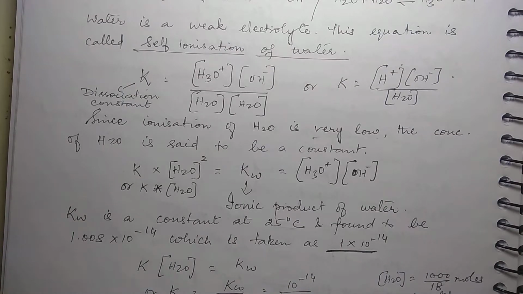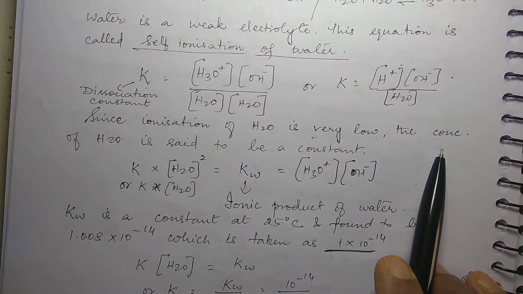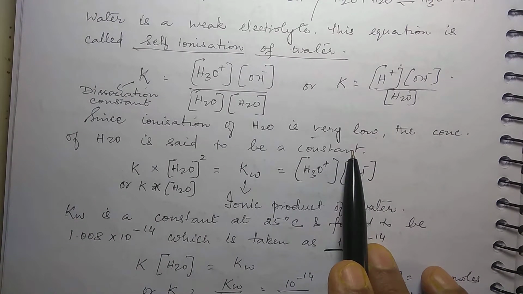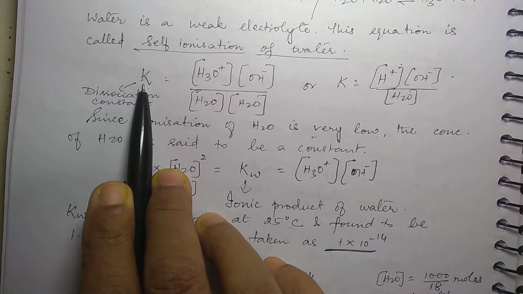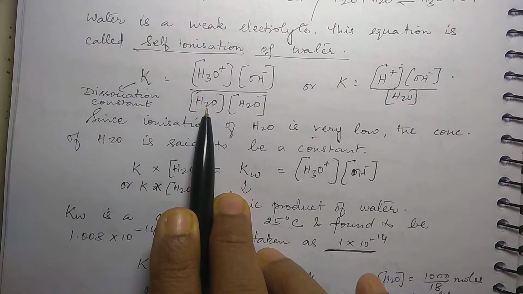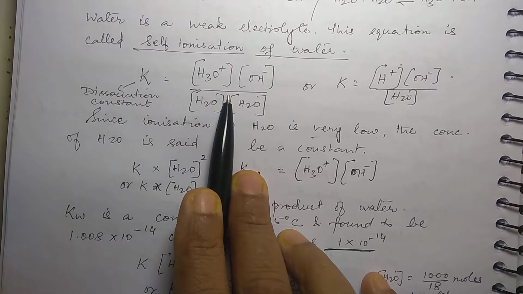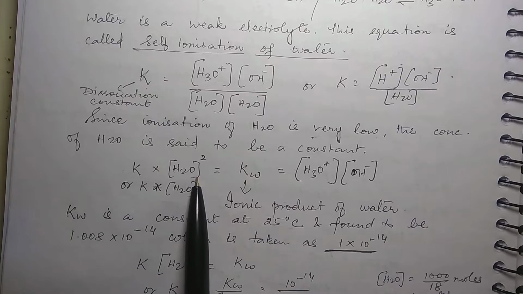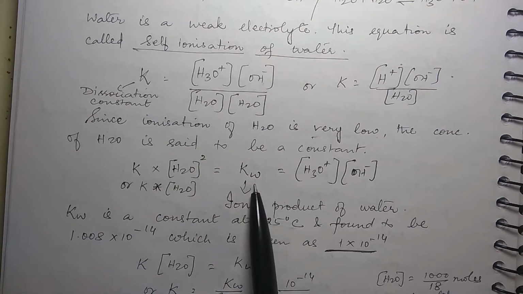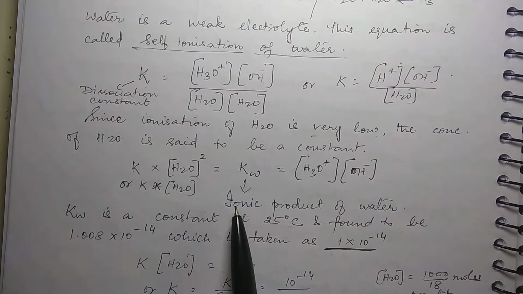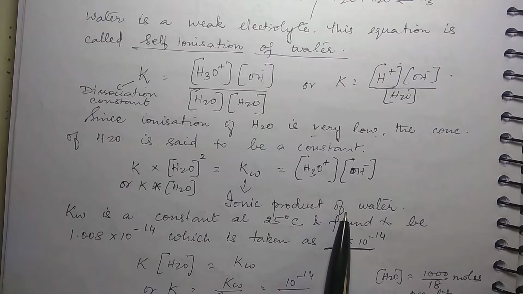So you take the concentration of water to be a constant. So K into water, the whole square, because two molecules are there, to the power 2 you will write. The product of these two is called Kw, which is called the ionic product of water.